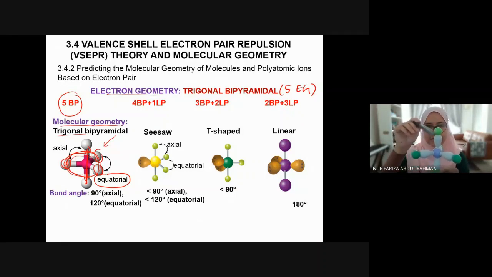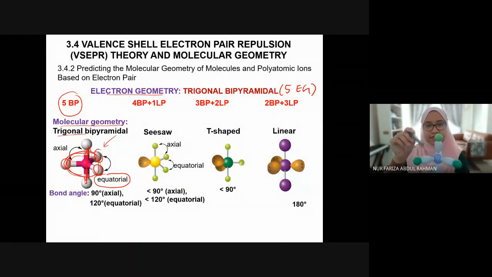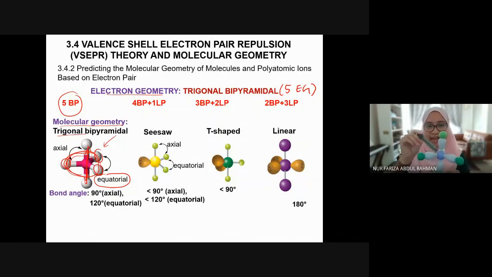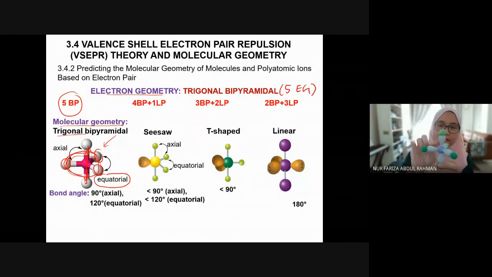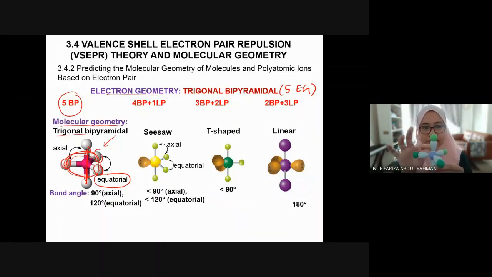This is axial, and this one is the equatorial. Okay, so this angle is roughly how much? 90 degrees. Yes, it is 90. Can you see the 90? Okay, because it is like an L there, it is flat, you can see it on my hand. So this is 90.